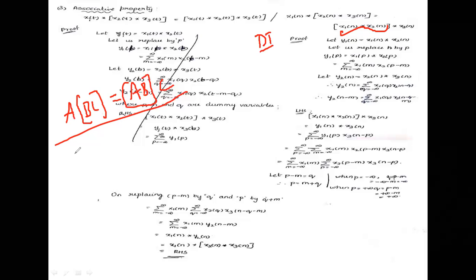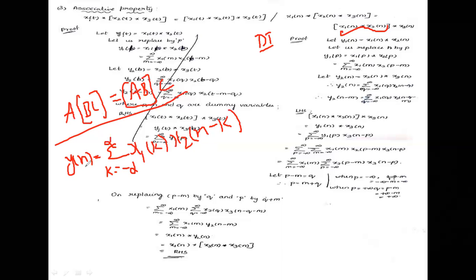So remember this one, y of n is equal to the sum of k equal to minus infinity to infinity x1 of k, x2 of n minus k.